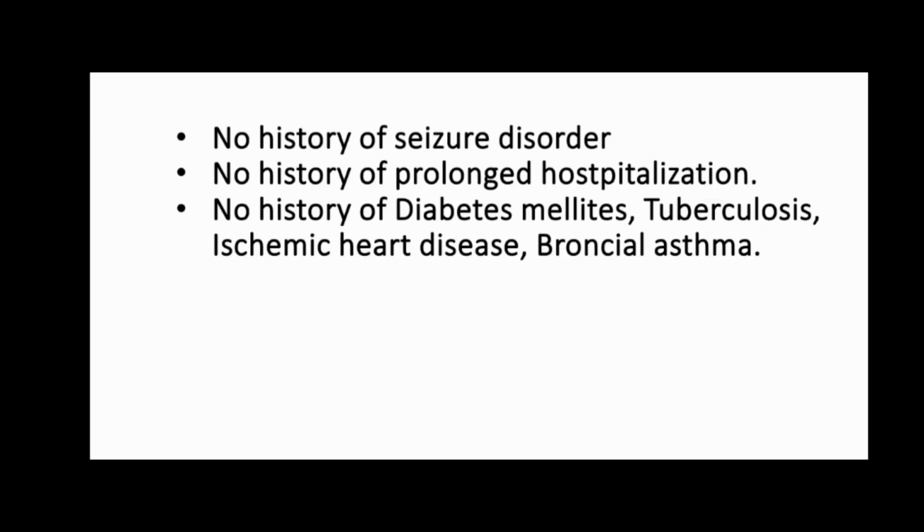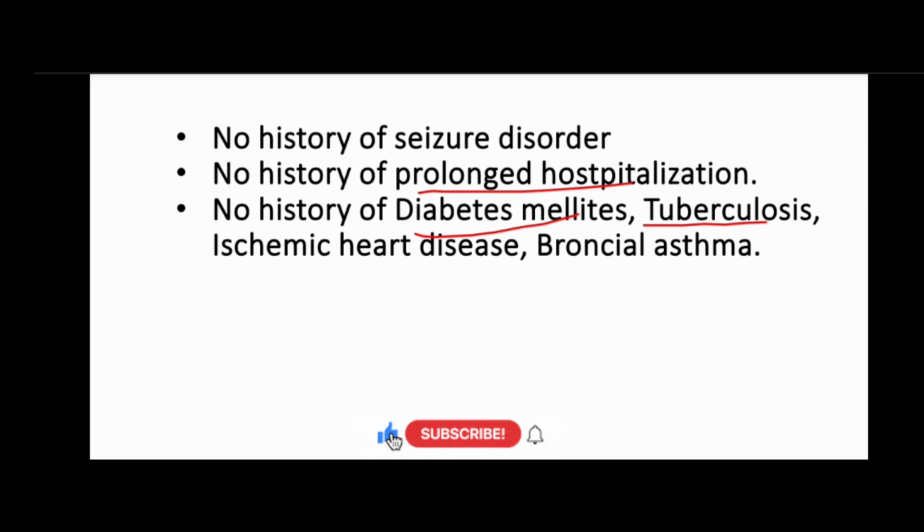And coming to this past history too, no history of prolonged hospitalization, no history of diabetes, tuberculosis, ischemic heart disease, bronchial asthma. We should mention in this case whether it is a known case or not a known case.